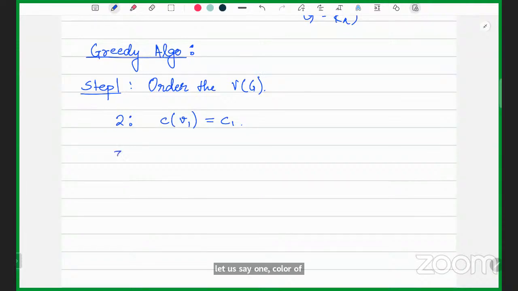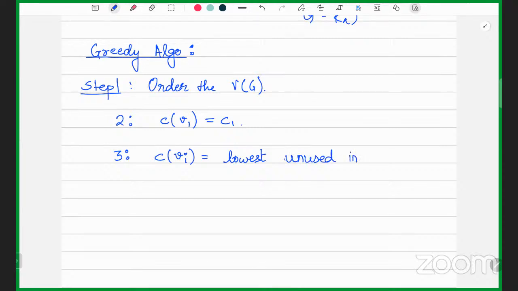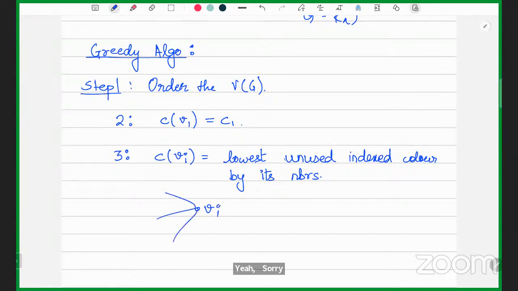And now the processing step is: color Vi with the lowest unused indexed color by its neighbors. So if, let's say, this is my Vi, and this has some neighbors.